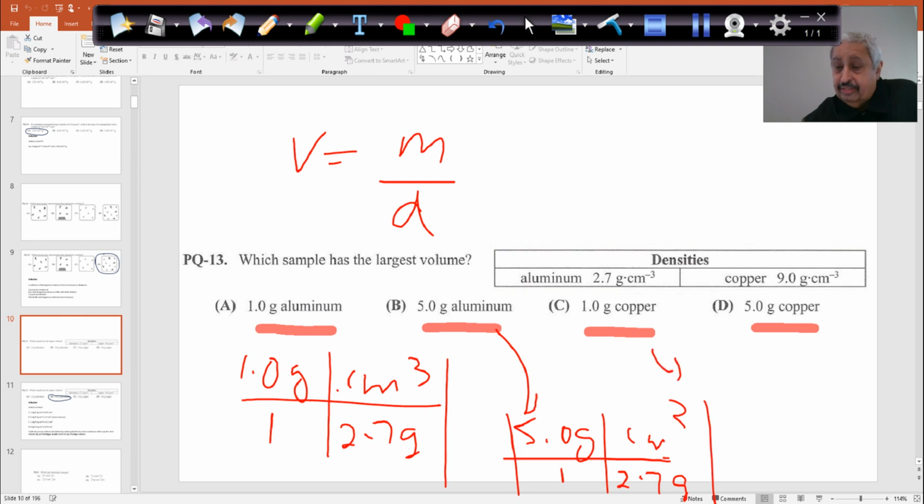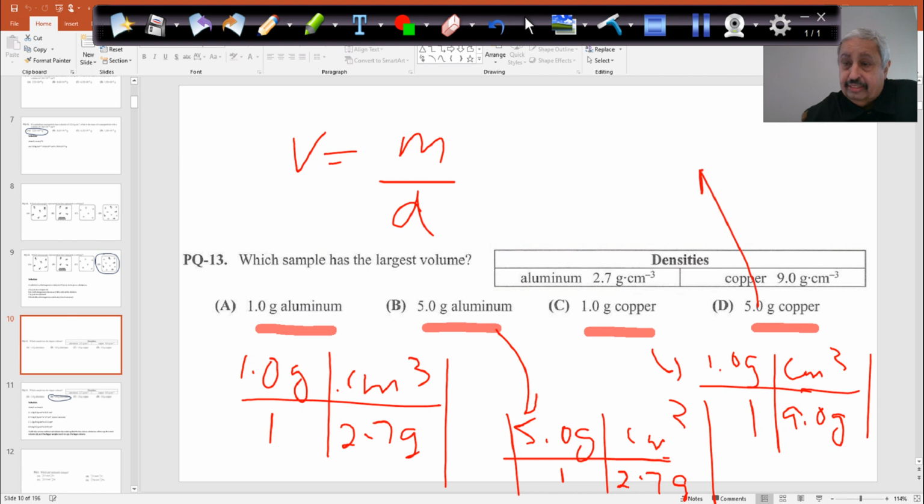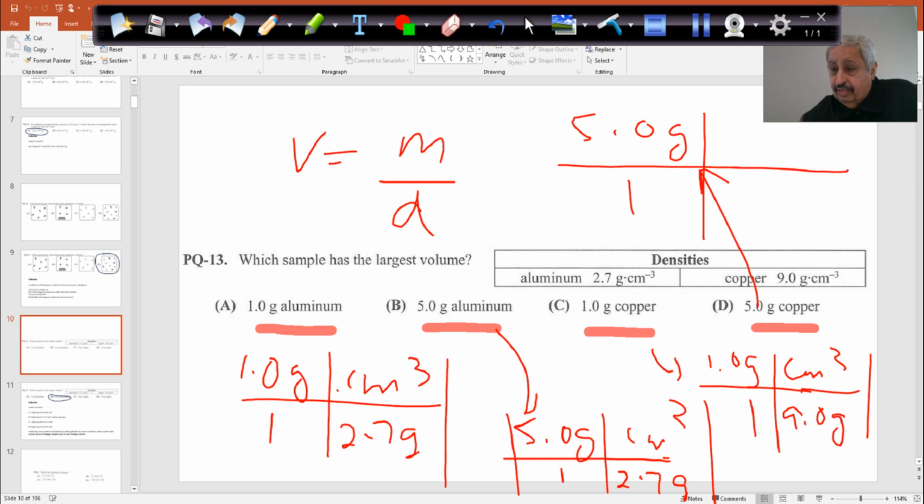This one here is 1.0 gram divided by the density of copper, 9.0 gram per centimeter cube. And the last one is 5.0 gram, with the density of copper 9.0 gram per centimeter cube. In all, the grams cancel out.